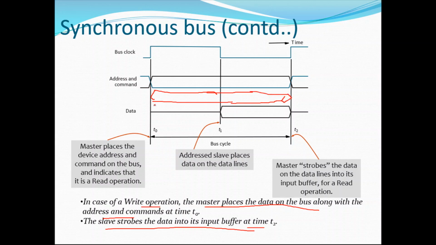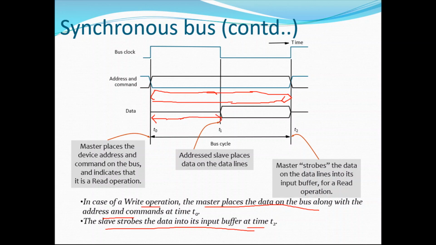Now again, you see the maximum time for the slave to identify who is the device who should take the data. I mean, the data should be delivered to which device. Again it will take this much time.